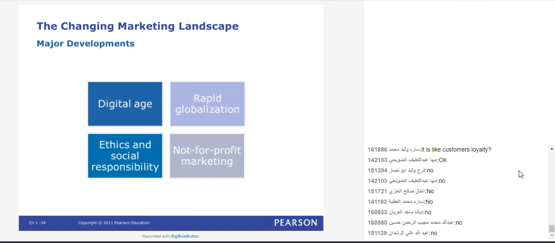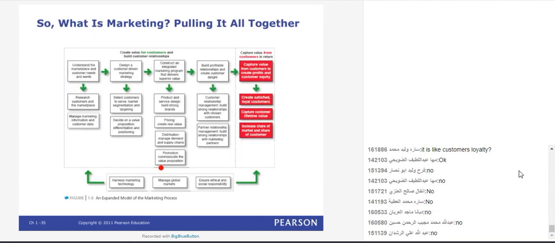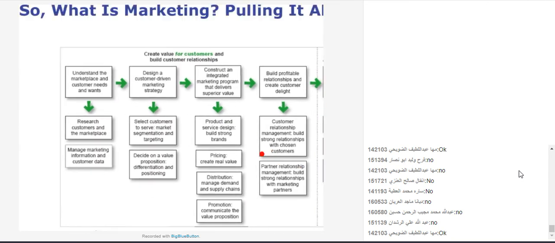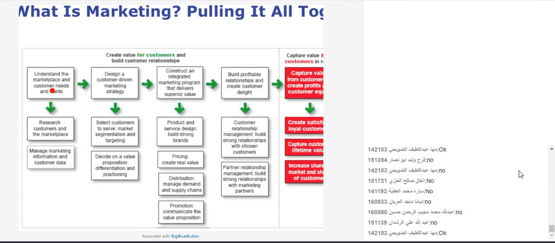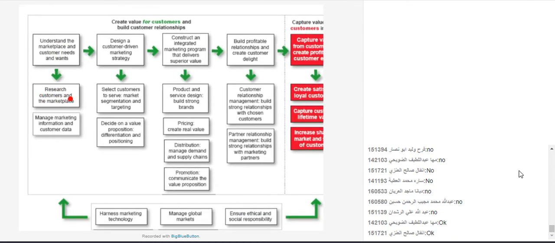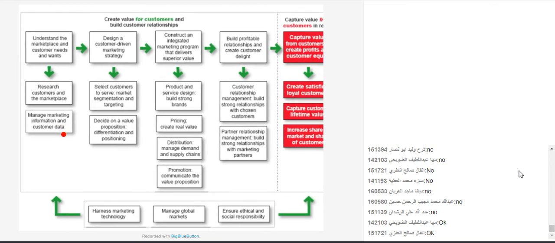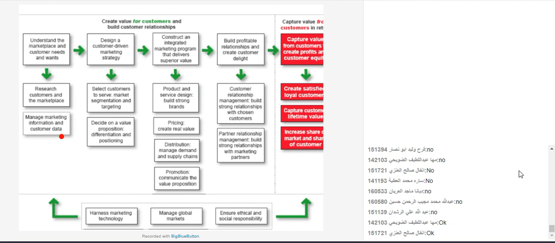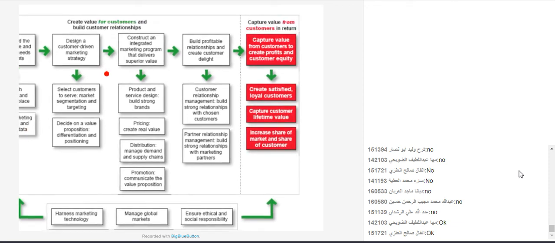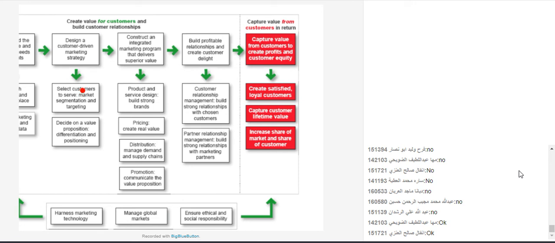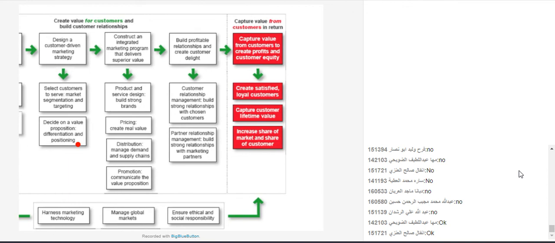Okay. What we talked about in this lecture is discussed here. If you can see here, this is the model we talked about. Understanding the marketplace, we have to understand the basic needs and the marketing information and customer data. Designing the marketing strategy, which includes segmentation, targeting, and positioning, and providing value.